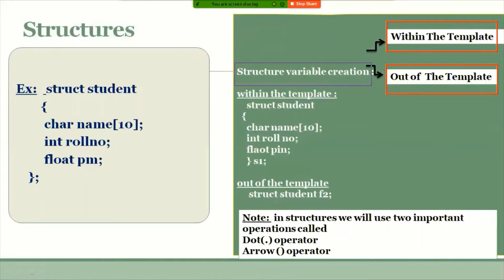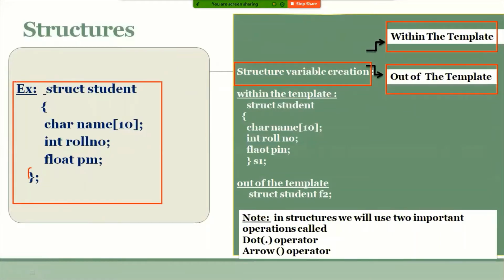Within the template means the structure is already declared here, with a closing brace and a semicolon. If you declare a variable in between the closing brace and the semicolon, like S1 over here, this is called declaring a structure variable in the template.